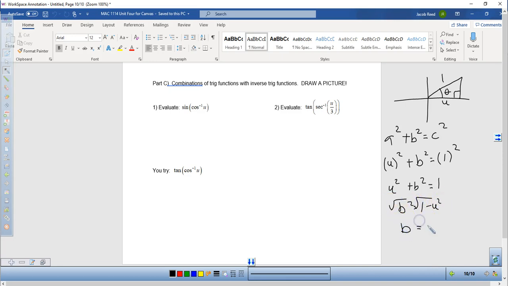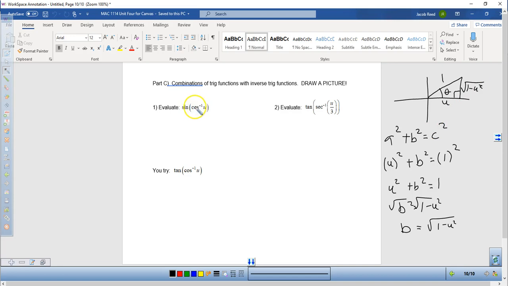So b is square root of 1 minus u squared. Now it is plus or minus, but in this particular case, we're talking about u being a positive number, therefore we're going to talk about first quadrant. So this is the square root of 1 minus u squared.